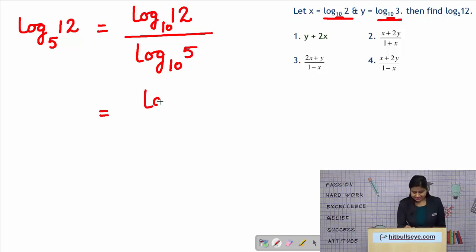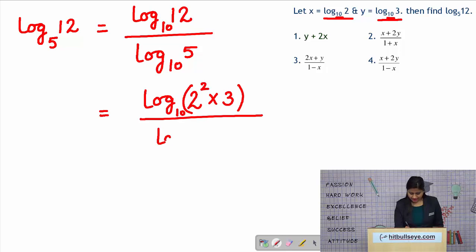Now, since 12 can be written as 2 square into 3, and we don't have any value for log 5 with base 10, but this 5 can be written as 10 by 2.